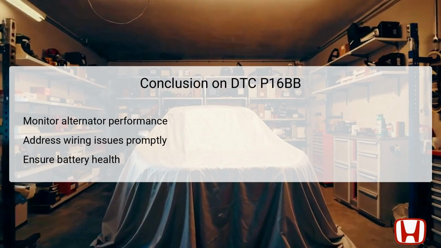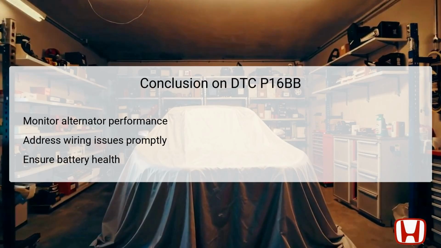In conclusion, DTC P16BB-00 points to a critical issue with the alternator B terminal circuit's voltage supply, impacting the vehicle's electrical system. Proper diagnostics involve a systematic approach to identifying whether the issue stems from the alternator itself, associated wiring, or the PCM. Paying close attention to symptoms such as dim headlights and battery warning lights is crucial for early detection.